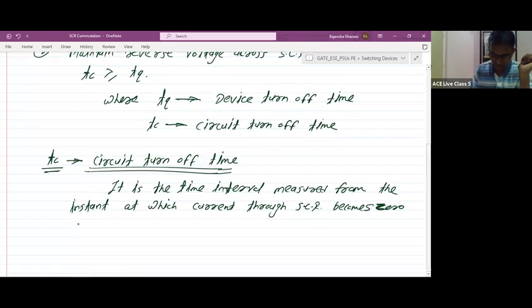Or in the practical case, it is IA less than holding current. In the theoretical case it becomes zero, but in the practical case it is IA less than holding current.